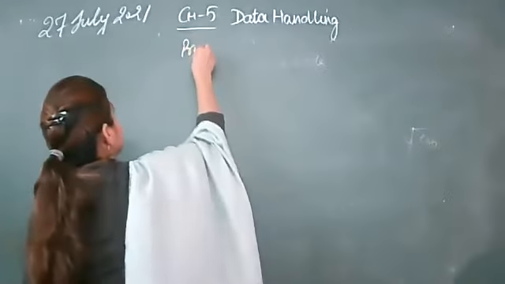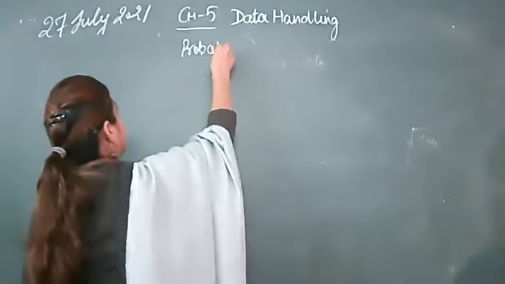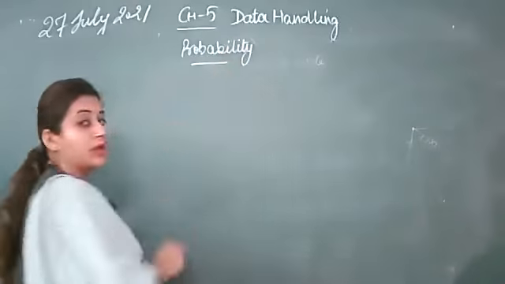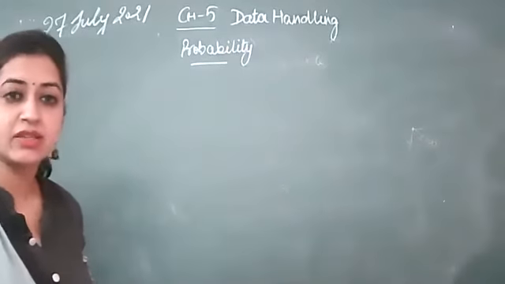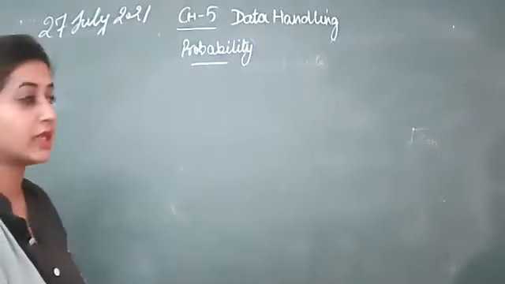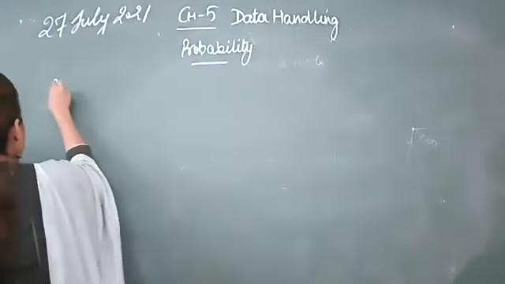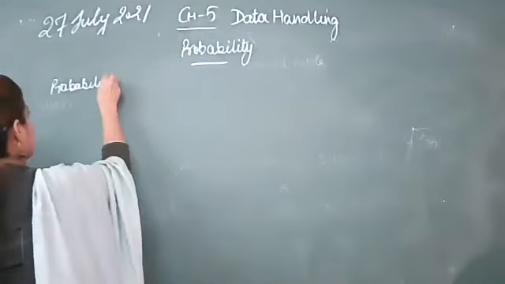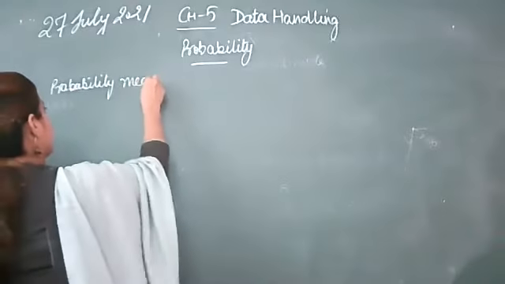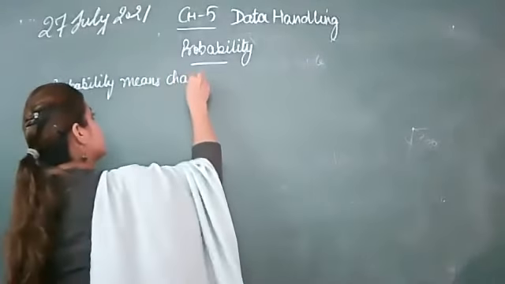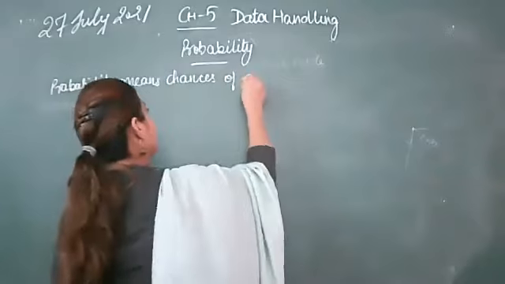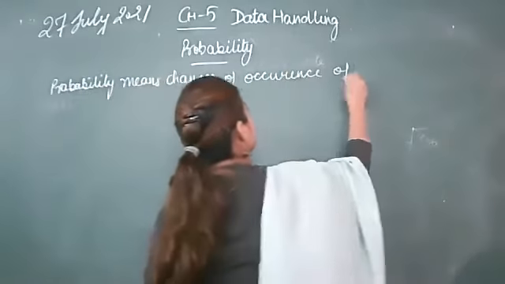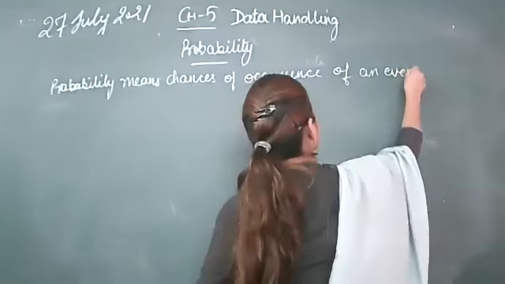Next topic, that is there in the third exercise, that is probability. Probability means chances of occurrence of an event.